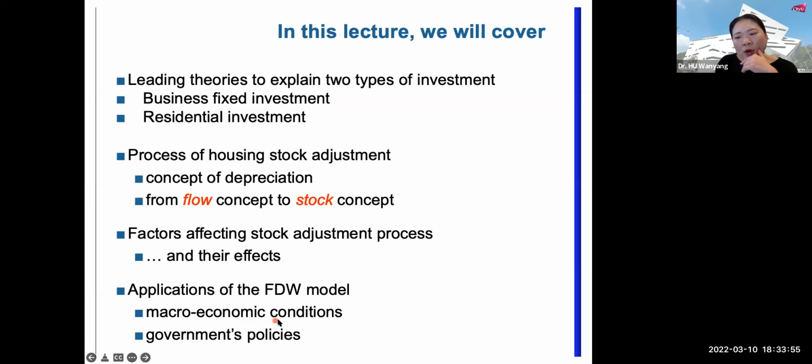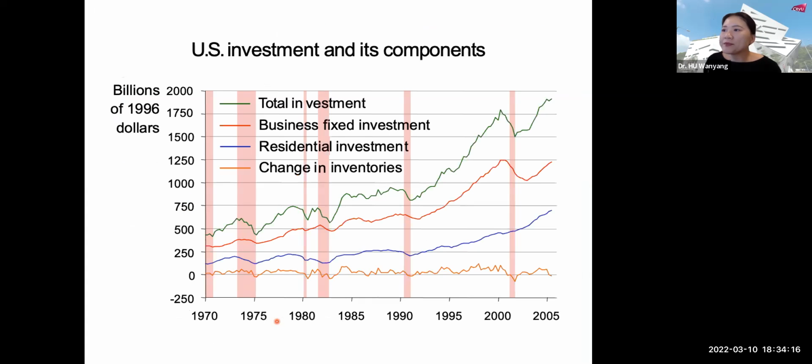We are going to talk about how changes in the macroeconomic conditions will affect the equilibrium condition in the FTW model, and also how government policy changes will induce the whole market adjustment process. So this is a brief overview of what we are going to cover in today's lecture.